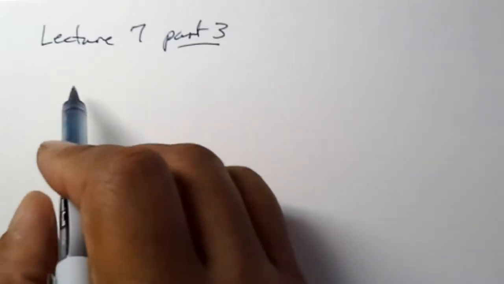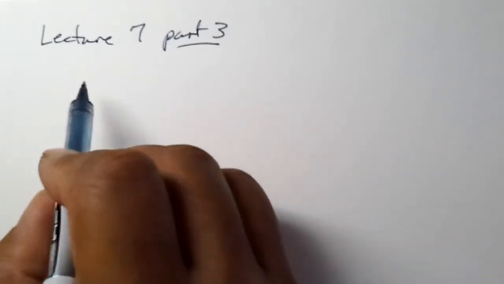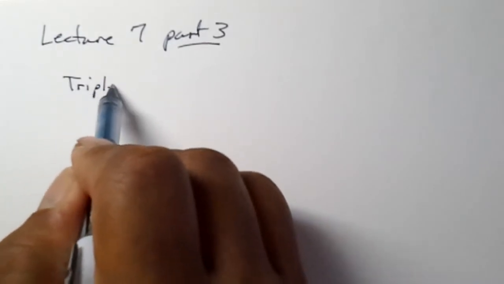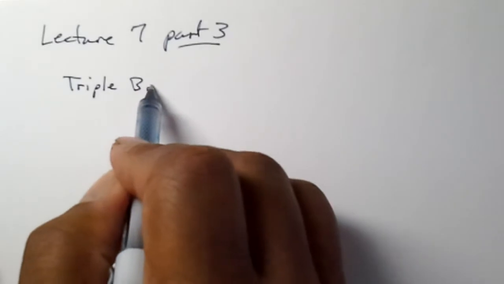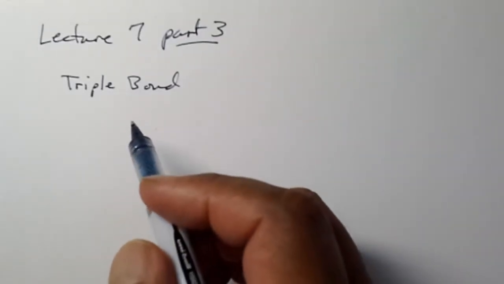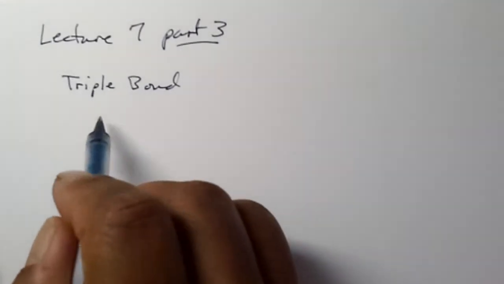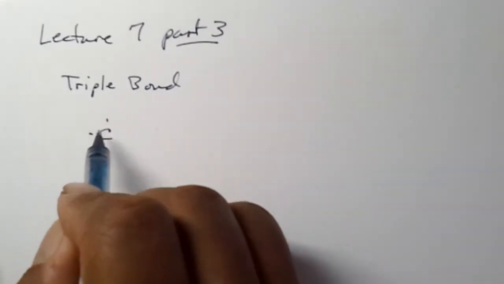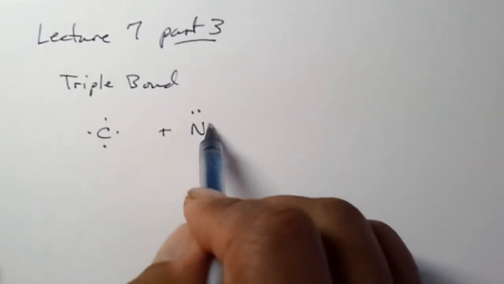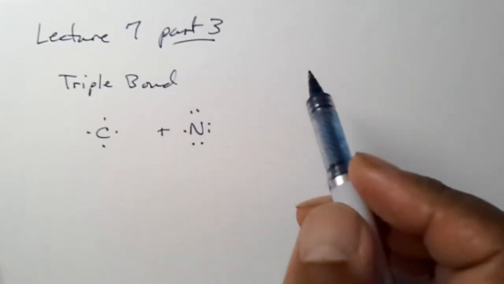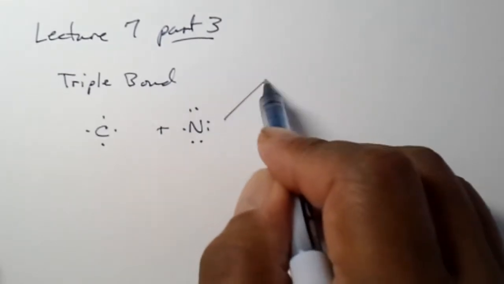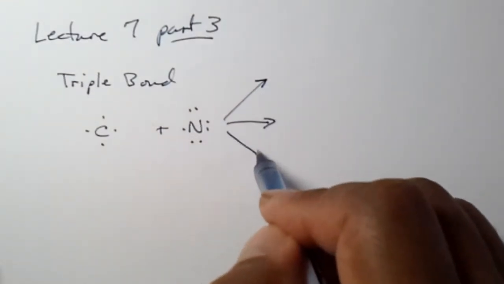But we were talking about bonding, and we'll talk about covalent bonding in terms of a triple bond formation. So if we look at a Lewis structure of carbon again and nitrogen, nitrogen is in group 7, carbon is in group 4. There are actually 3 different forms that this can take.